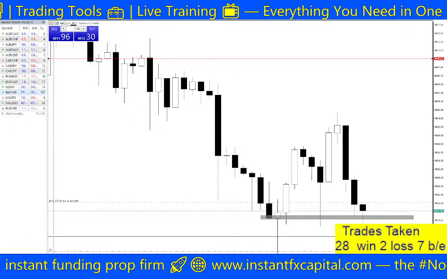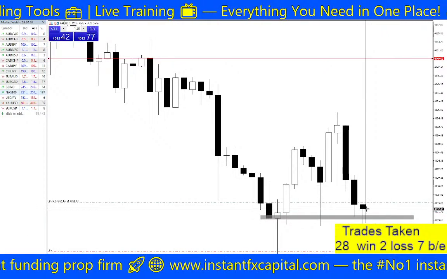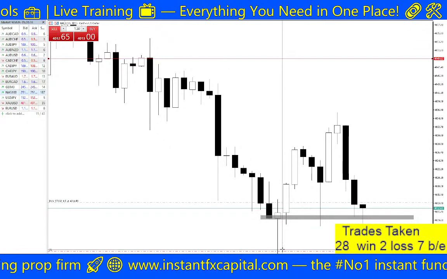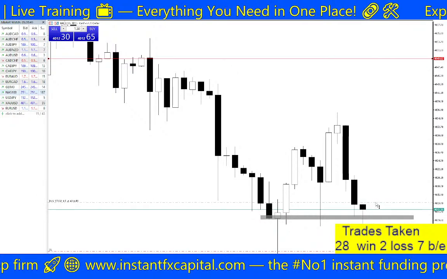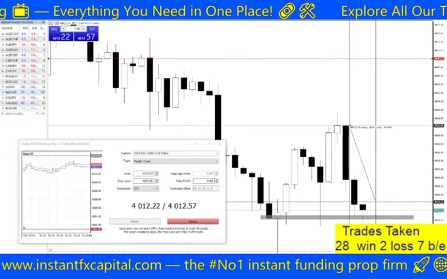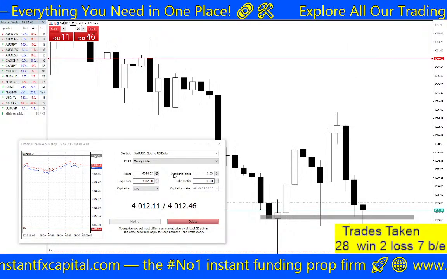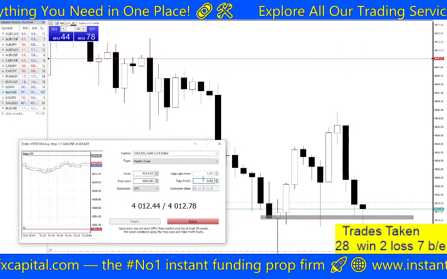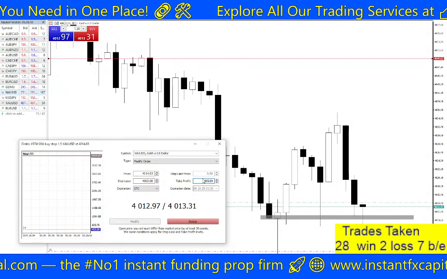That's what we're looking for. So we're looking for this candle to go from a bearish candle after filling this wick to flip bullish and then push on and fill this range. So around 40.32. Let's get 40.32.